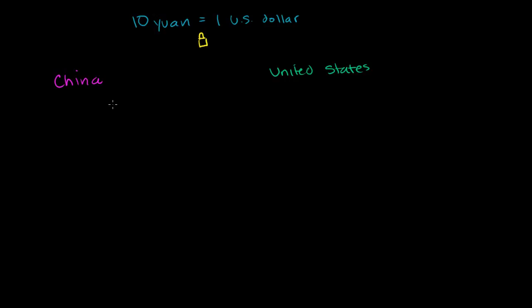Let's say that you have goods coming from China to the US. Actually, let me do it in that same magenta color. So these are Chinese goods. And then we are paying for those Chinese goods in dollars, and those dollars are being sent to China.